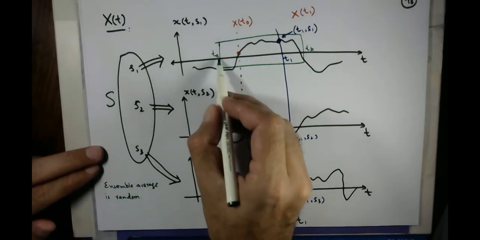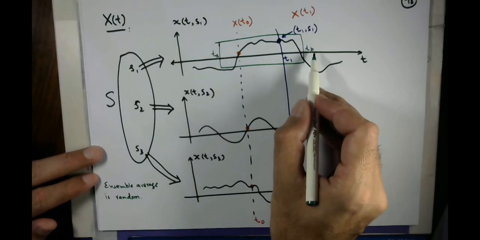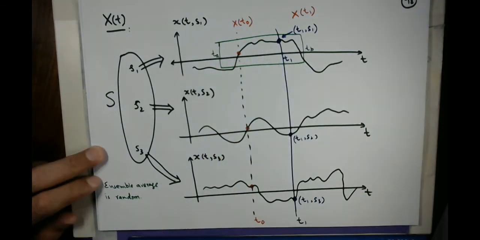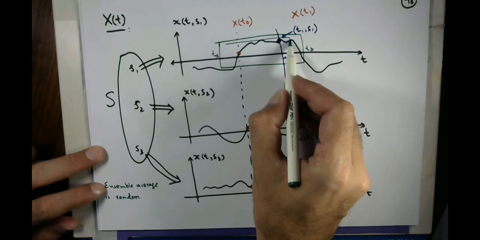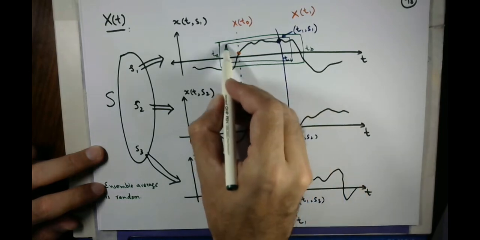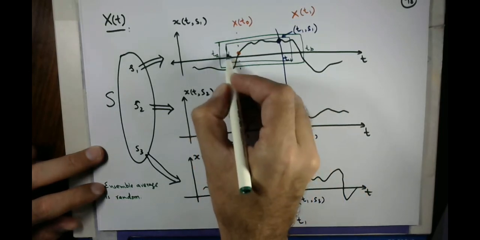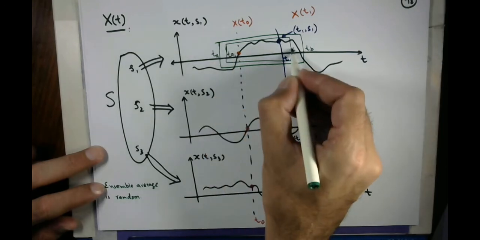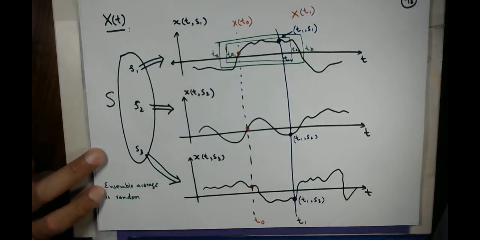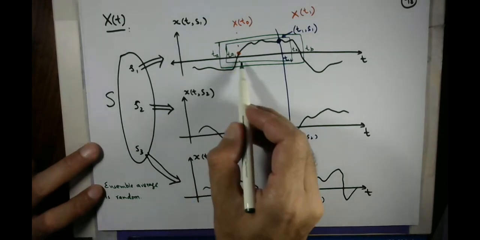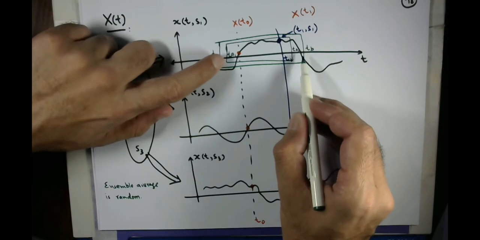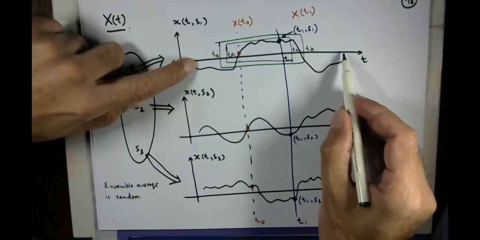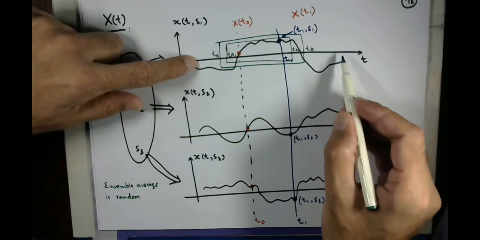You see, if you take the time from ta to tb, you will have some average value, but this value may be different from the average between, say, ta1 to tb1. So you have a different average here, a different average in this interval, and you may have a different average in this interval, and so on.